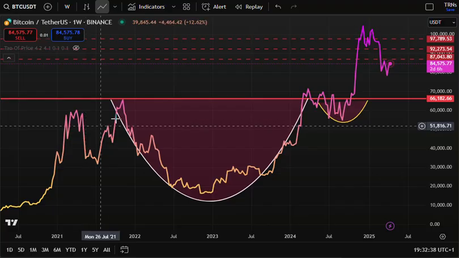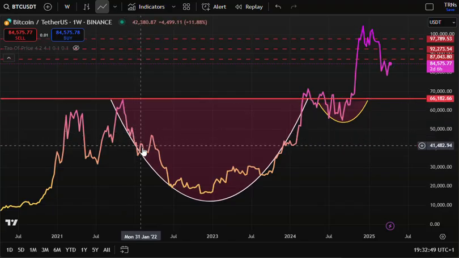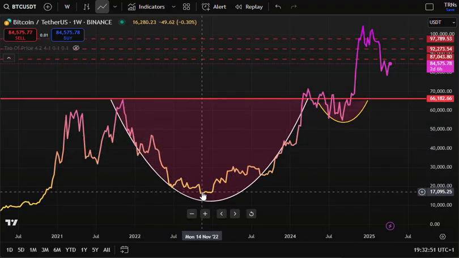So if you notice at this price point, Bitcoin, we're talking about Bitcoin right here, in like 2020, made a high of 66,000 and then had a bear run all the way down to 17,000, all depending on what broker you have. Some people say it was 16,000, but on this broker it's 17,000.